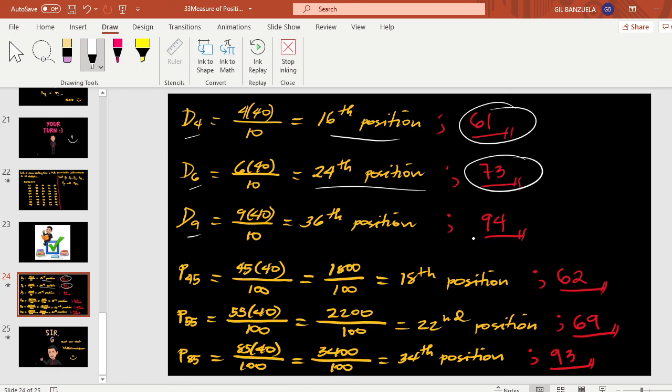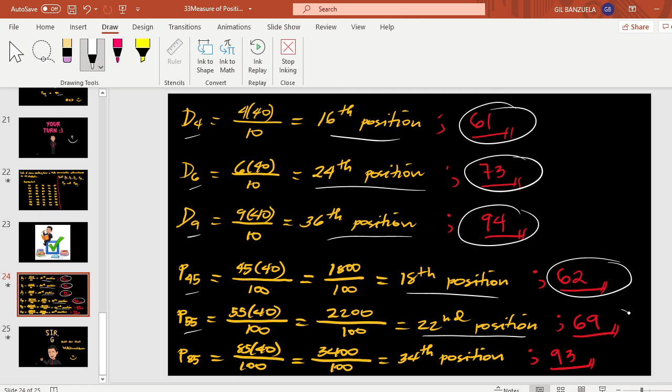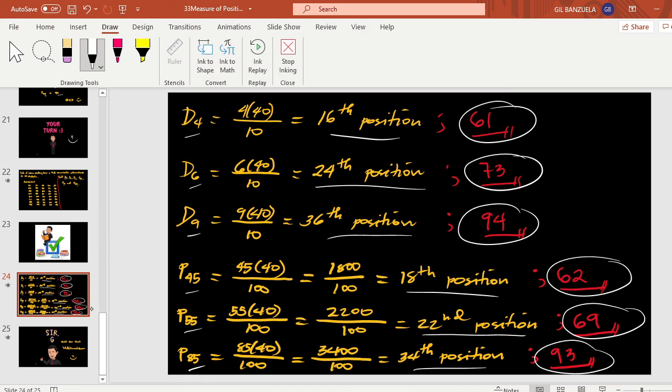Our decile 9 is at the 36th position, which is 94. Our P45 is at the 18th position, which is 62. Our P55 is at the 22nd position, which is 69. And our P85 is at the 34th position, which is 93.